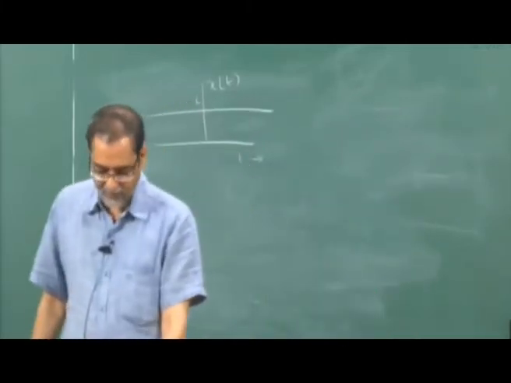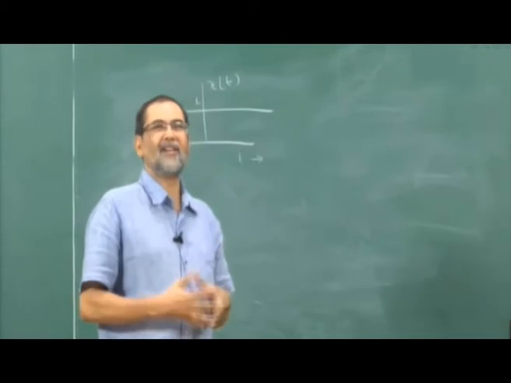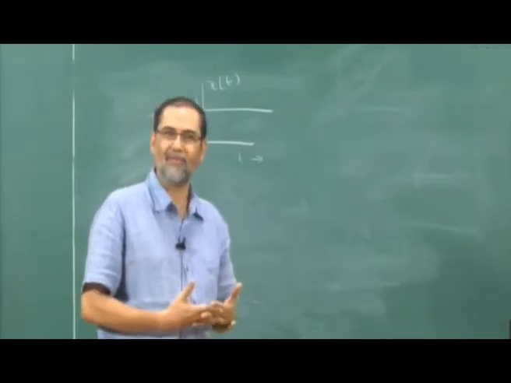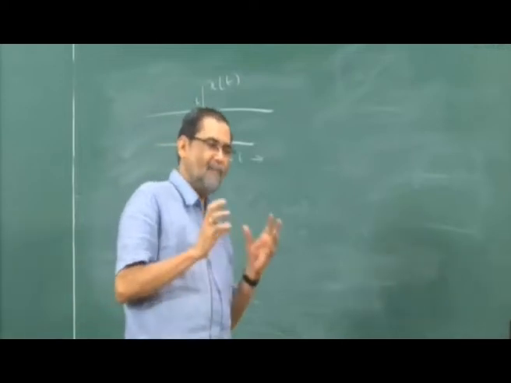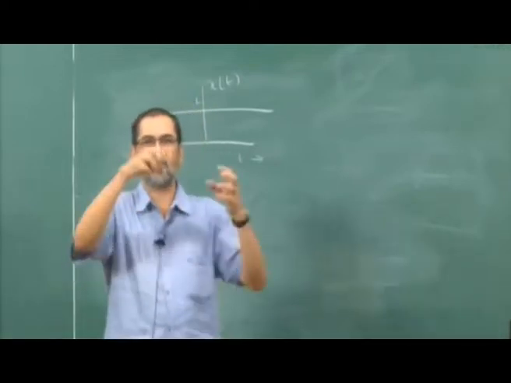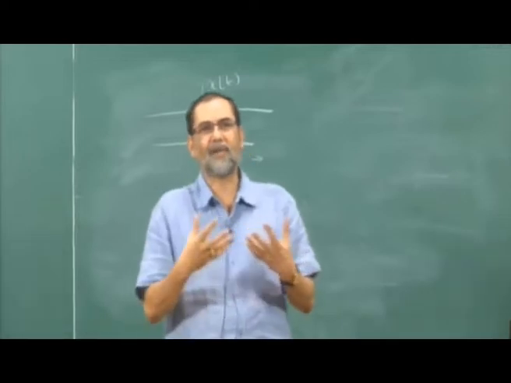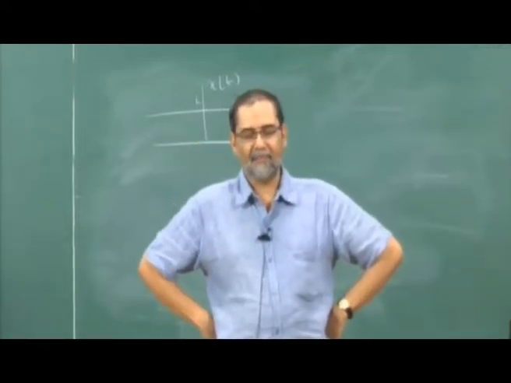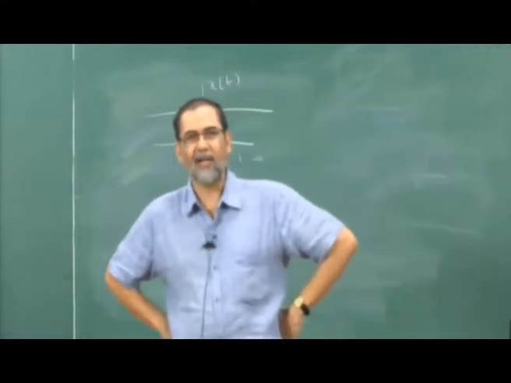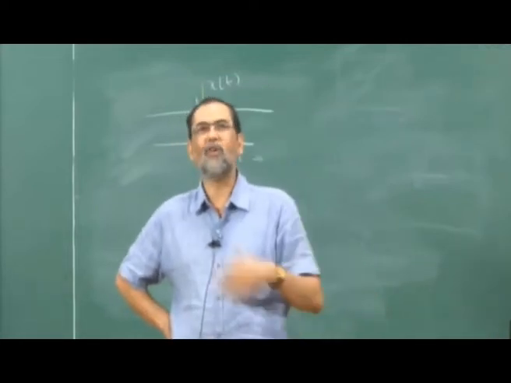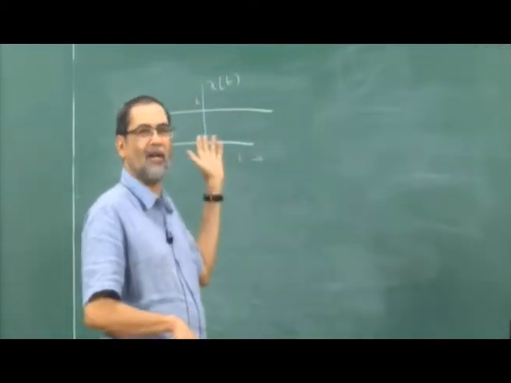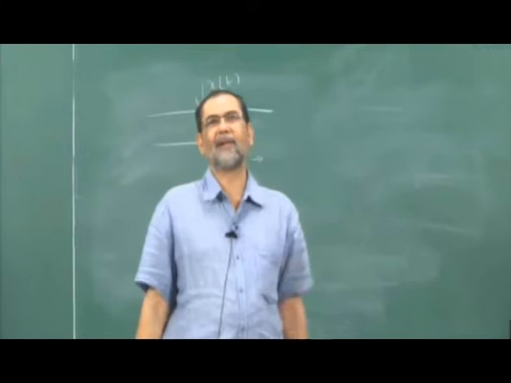The entire study of systems is from a practical system point of view, and from practical systems we abstract out some principles and study them. In that sense, u of t is not a very practical signal, and something which is constant for all times is not even a practical signal.